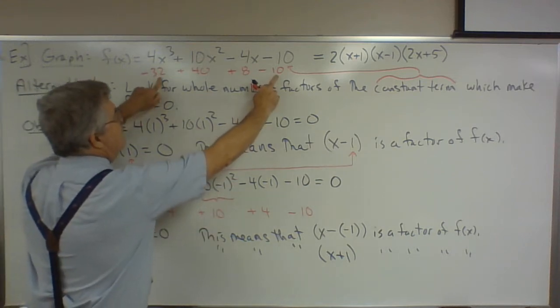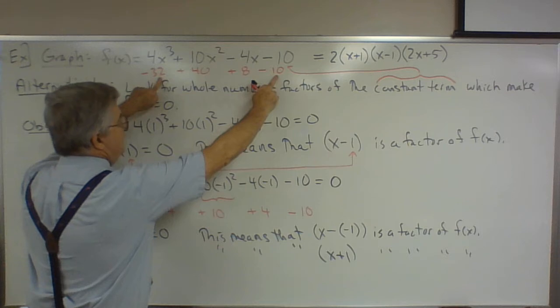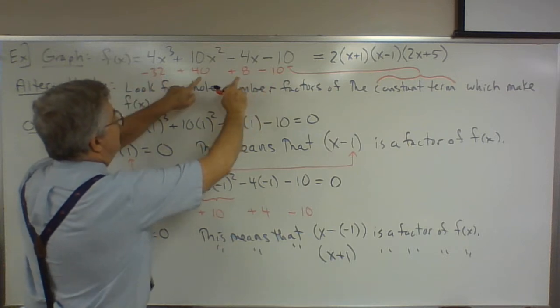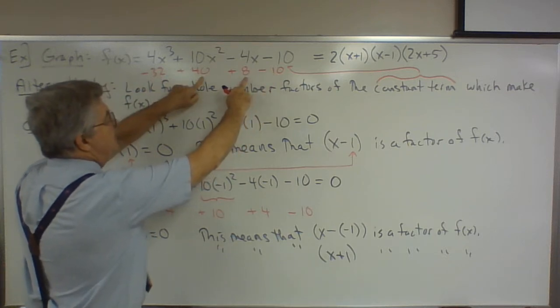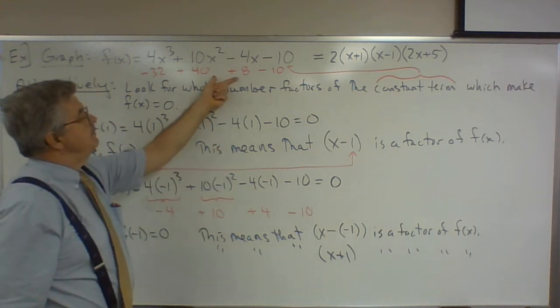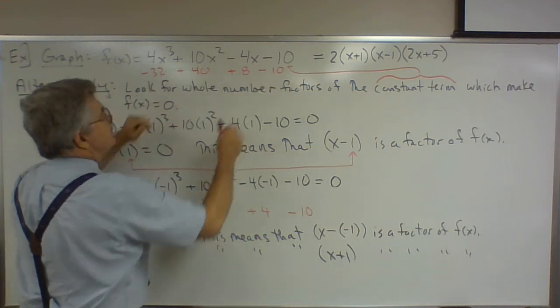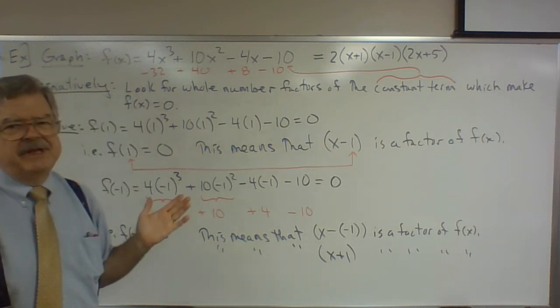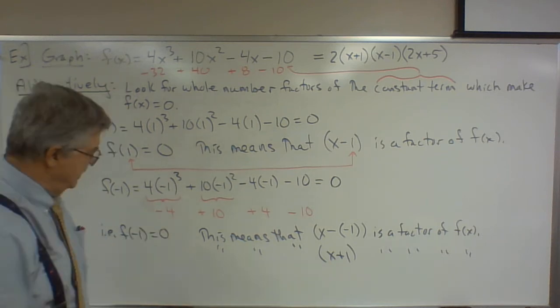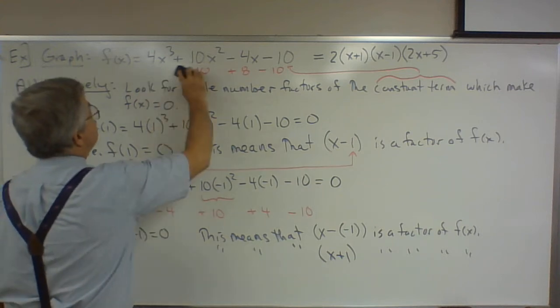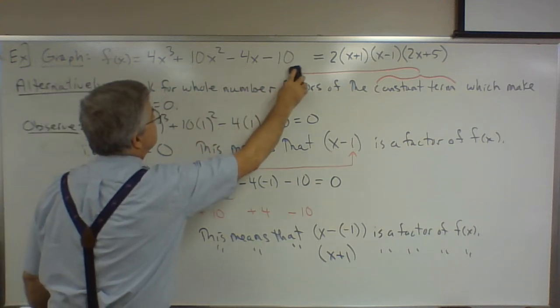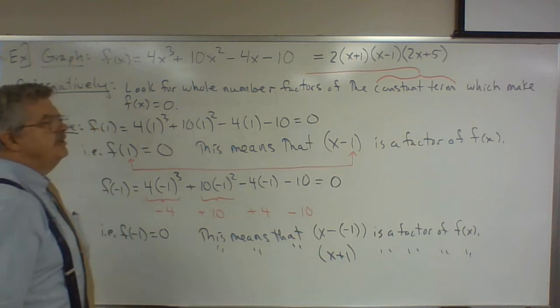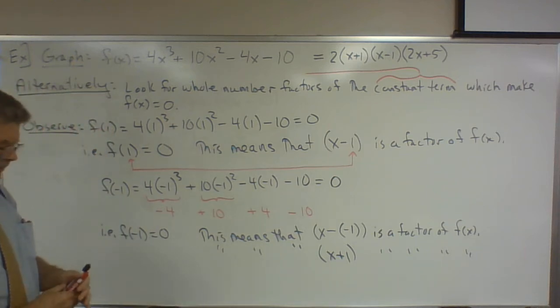Negative 32 and minus 10 is negative 42. 40 plus 8 is plus 48. So we have plus 48 minus 42 is 6. We plug in negative 2, we get 6. We don't get 0. So there's nothing special about x equal negative 2 either.